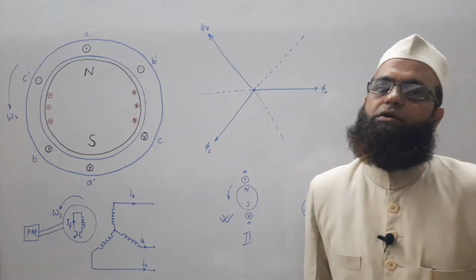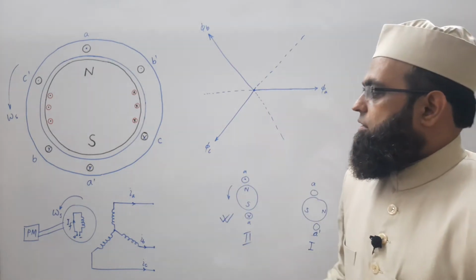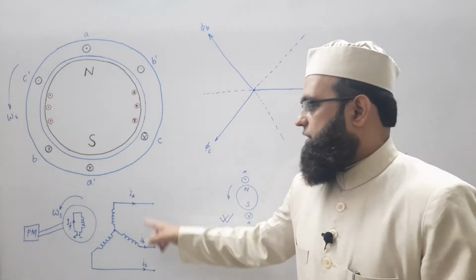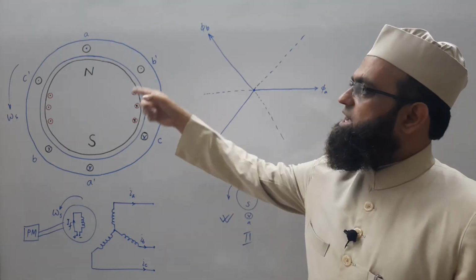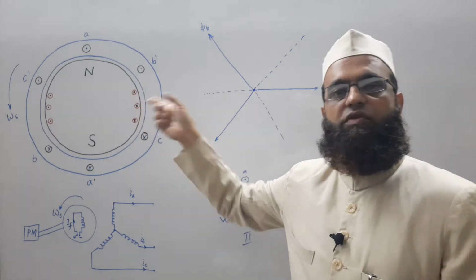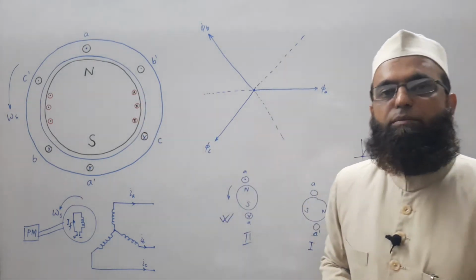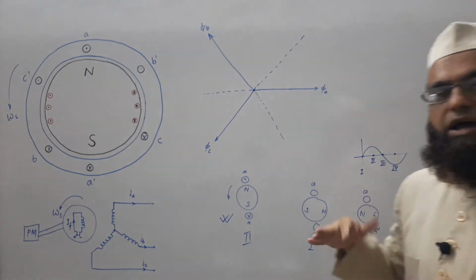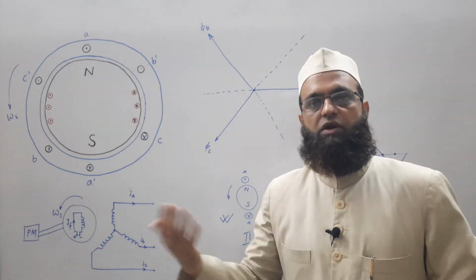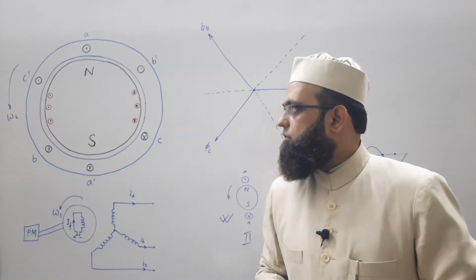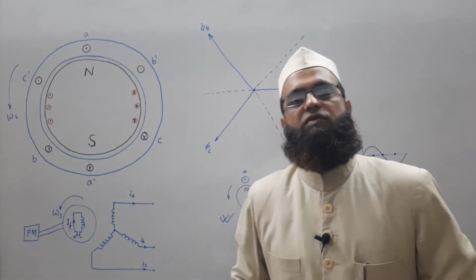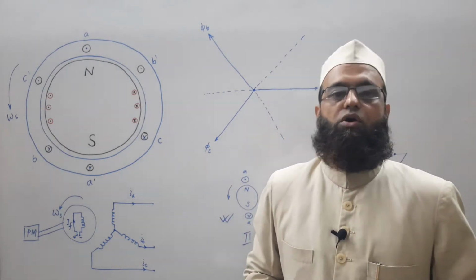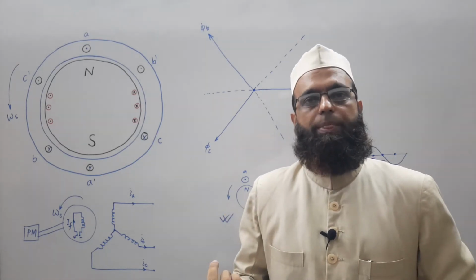Suppose load is connected, then currents will be there. As discussed, the three EMFs generated in the three phases of the stator windings are balanced in nature, all sinusoidal, or near to sinusoidal, and balanced. So the three currents in the three phases will be balanced because the three EMFs generated are balanced.